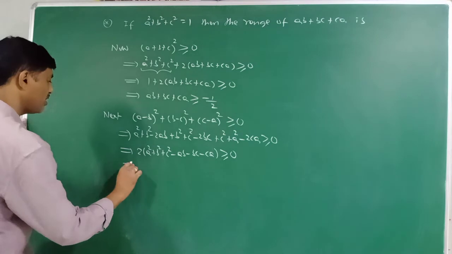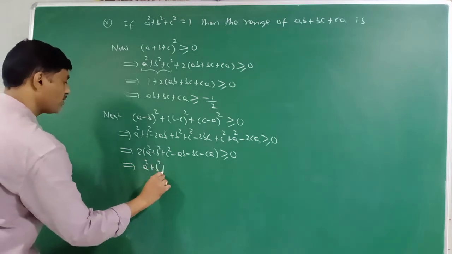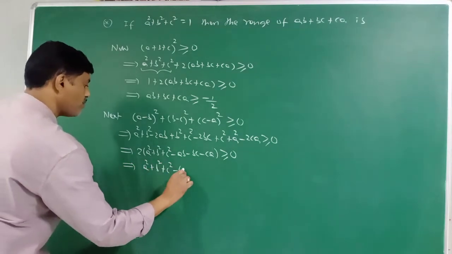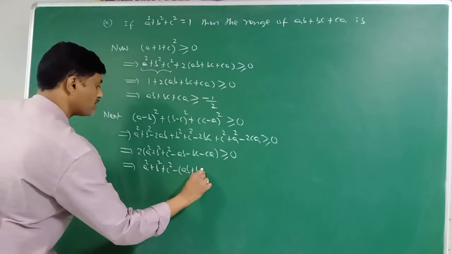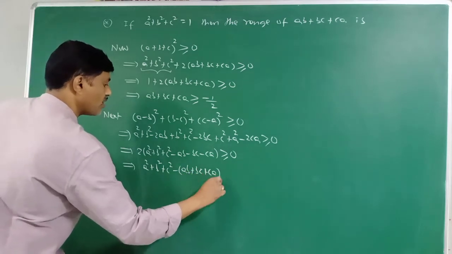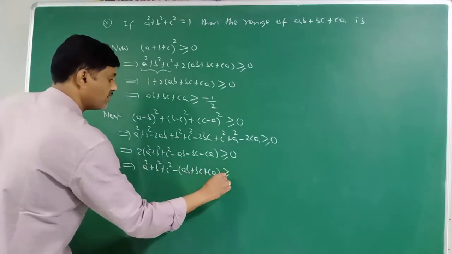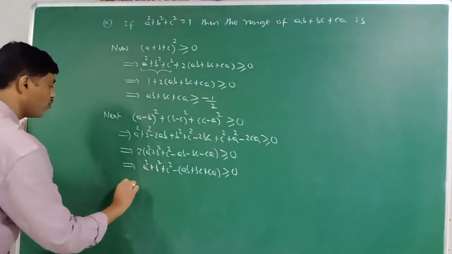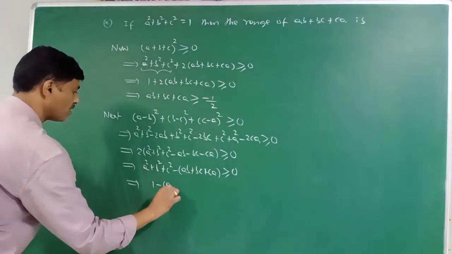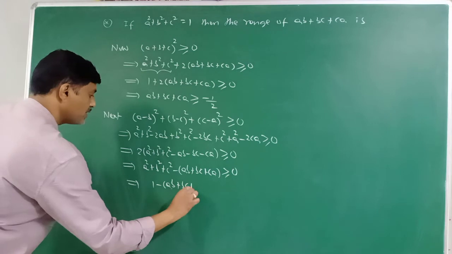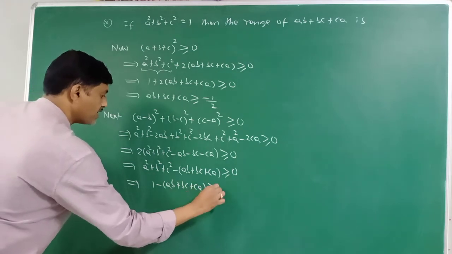Sending that to the other side, a² + b² + c² minus (ab + bc + ca) is greater than or equal to 0. Now this value we have: 1 minus (ab + bc + ca) is greater than or equal to 0.